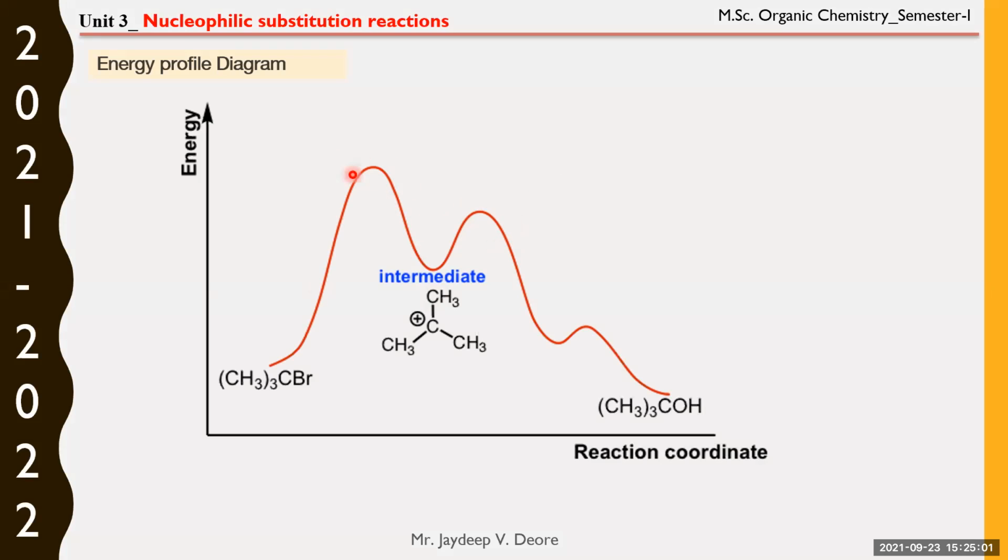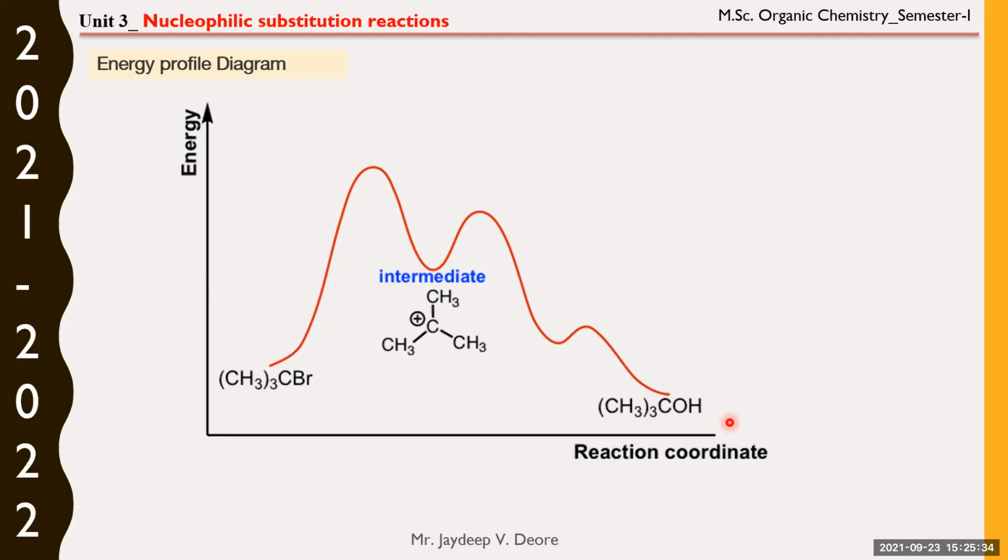The first step is the transition step involving the C-Br bond cleavage, and this point indicates the formation of the intermediate. The second step indicates the attack of the nucleophile on that carbocation. So the first hump indicates the C-Br bond cleavage, and the second hump indicates the attack of the nucleophile on the carbocation.